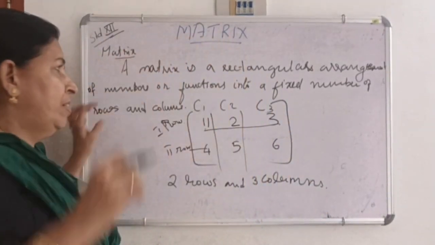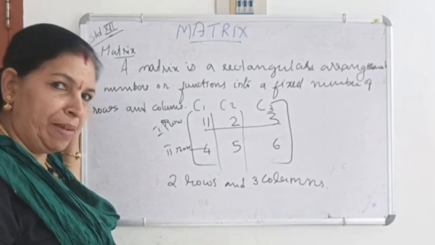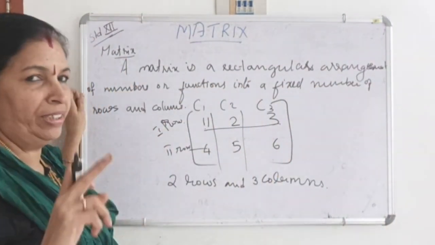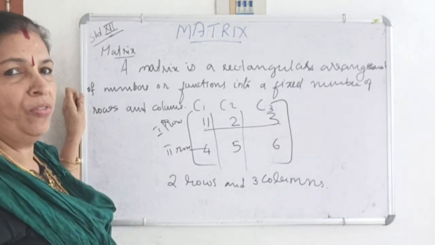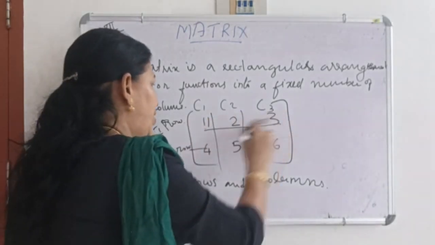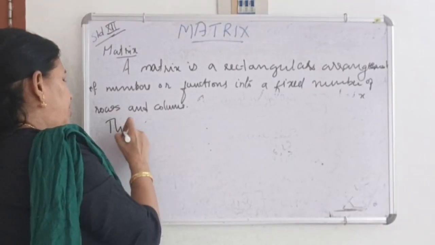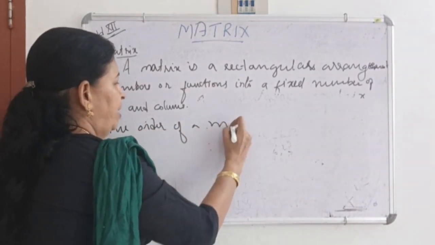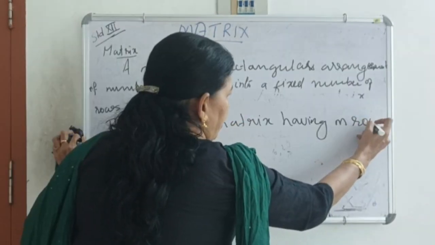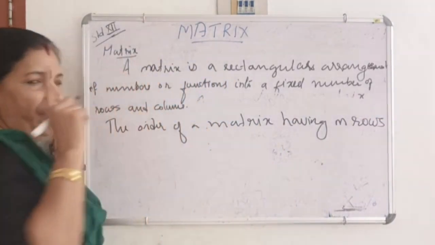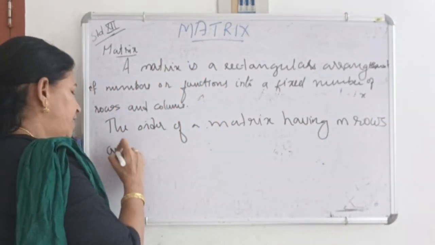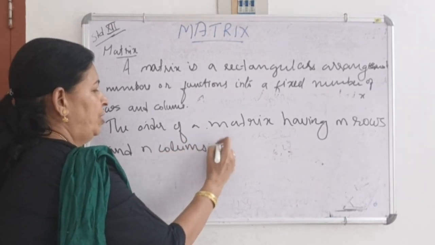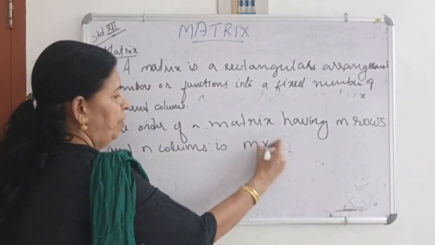Once more, what do we mean by the term matrix? A matrix is a rectangular arrangement of numbers or functions into a fixed number of rows and columns. The order of a matrix, in general: the order of a matrix having m rows and n columns is m by n.